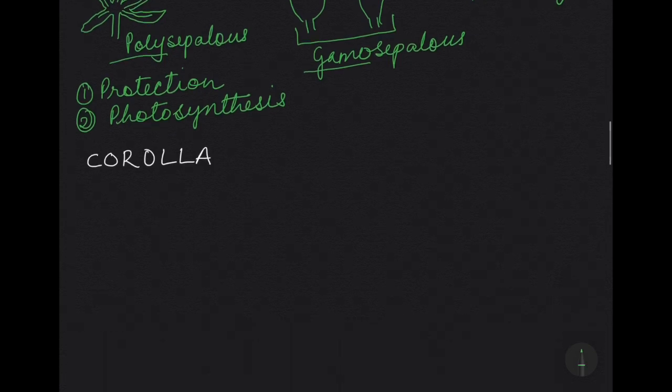Okay. Now, moving on to corolla or petals as you know it. The petals are generally arranged in a single whorl, okay? A single whorl.